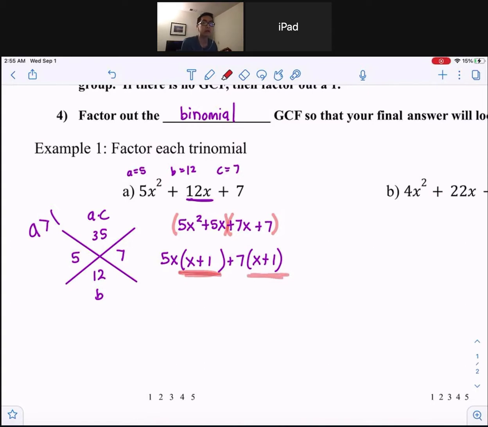And since they are the same, you guys can factor both of these out from this equation. You guys can bring out both the binomial GCFs. So if you guys take out the x plus 1s from the equation, we're going to get x plus 1, because we took away those, right? We took away both of those, you guys. So what's left over? 5x plus 7.